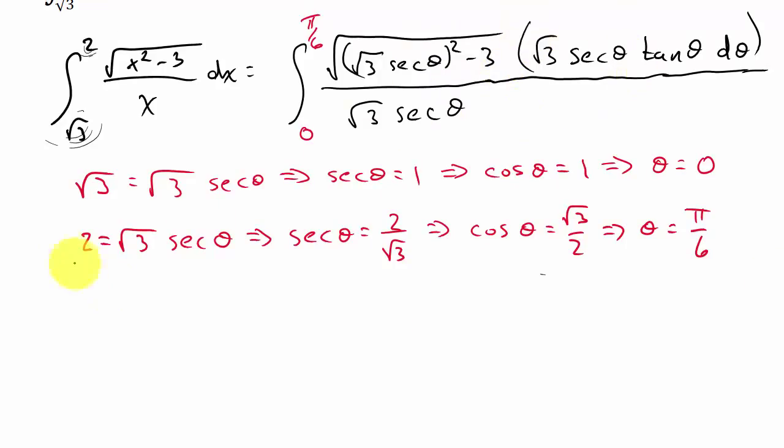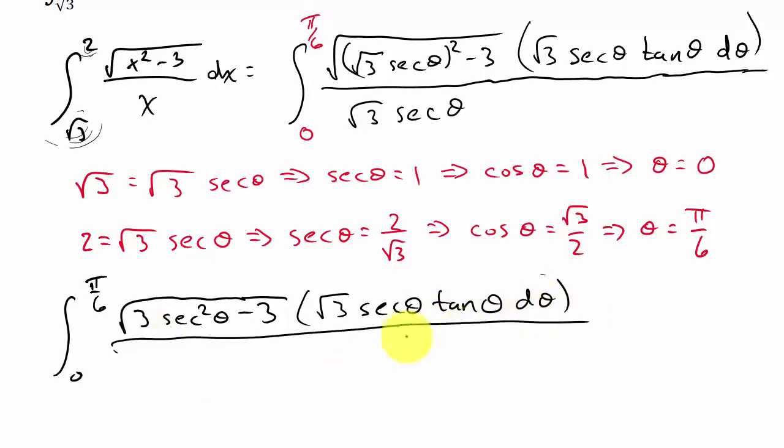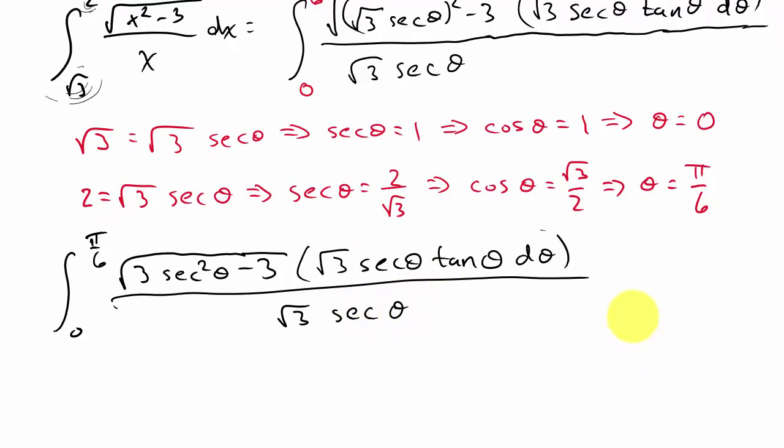I have 0 to pi over 6 square root of, now let's see what we've got here, let's square that. So that's going to be 3 secant squared theta minus 3, times square root of 3 secant theta tangent theta d theta over square root of 3 secant theta.